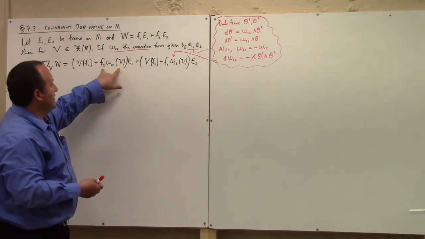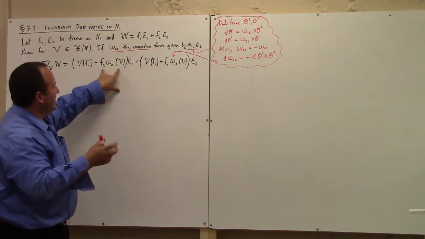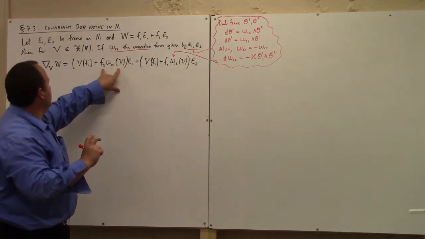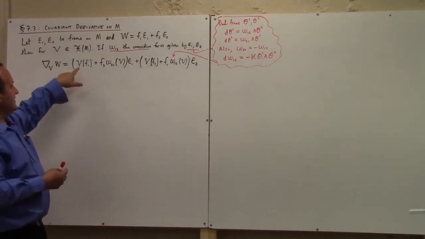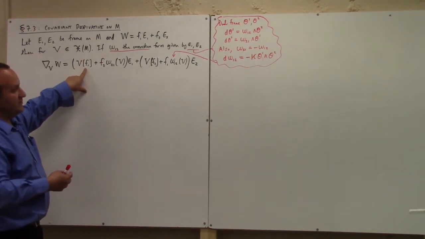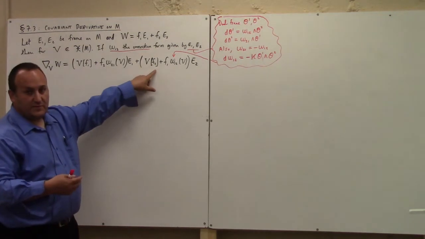The omega 2 1 and the omega 1 2 terms, these are describing how the derivative of W has two different parts. The one part is the change in W coming from how the components of the vector field W change in the V direction, right? That's these V F1 and V F2 terms.